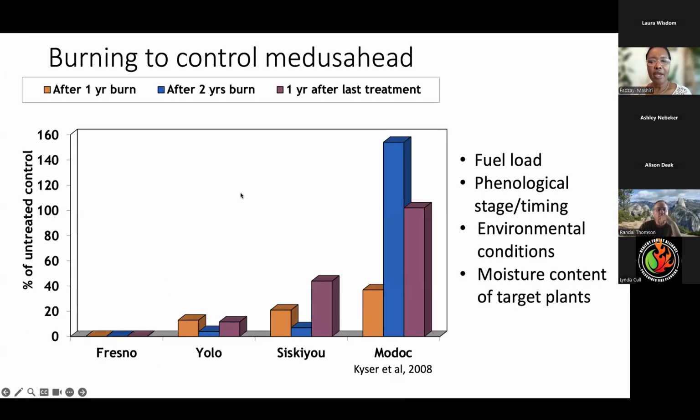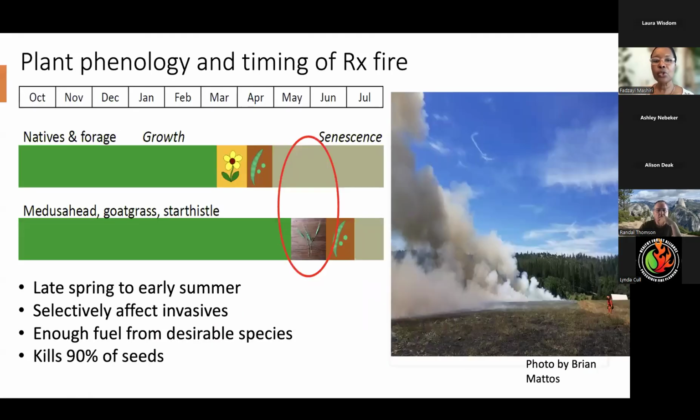This graph here, I was just trying to show that when we are talking about phenological stages, I have months across here where we are assuming that in every part of the state where medusahead exists, around May is where we should start thinking of burning.